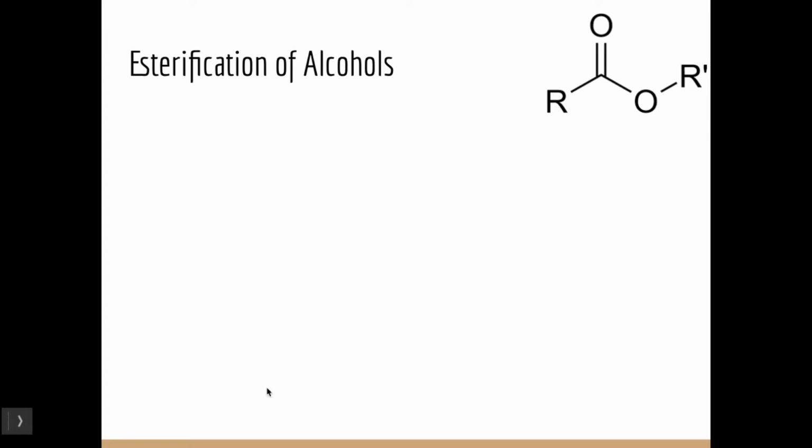Moving quickly on to the second type of reaction we're looking at today: esterification of alcohol. So we're introducing a new functional group that we haven't really looked at before, and it is this ester functional group. An ester functional group has a carbonyl, a C double bond O, and then a single bond O within the hydrocarbon chain of the molecule.